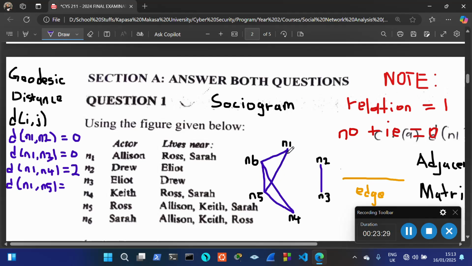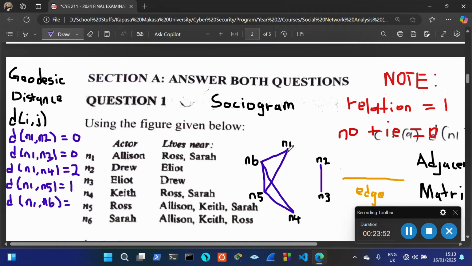The shortest one is the direct one, so the geodesic distance is 1. Now we come to the last node which N1 can approach, which is N6. So we say N1 comma N6. What's the distance there?